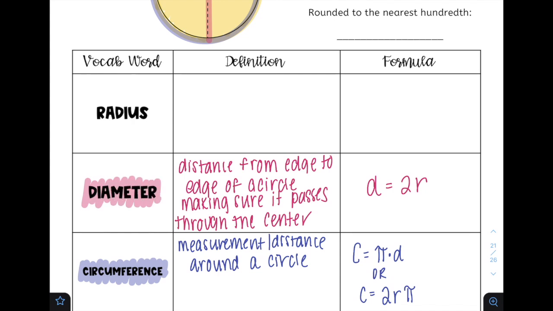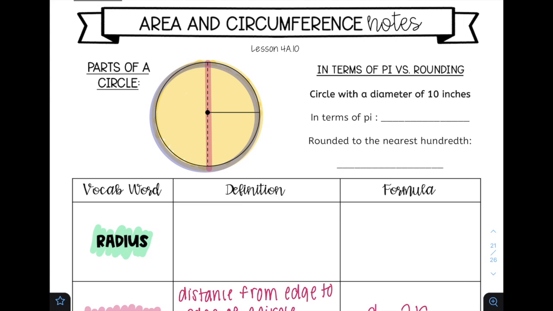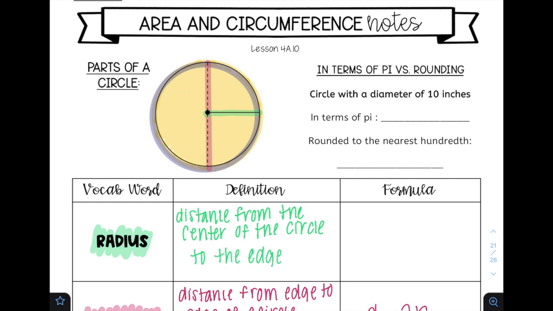And then last but not least is your radius. Your radius is going to be the measurement or the distance from the center of the circle to the edge of your circle. And the way that you can calculate radius is two ways.